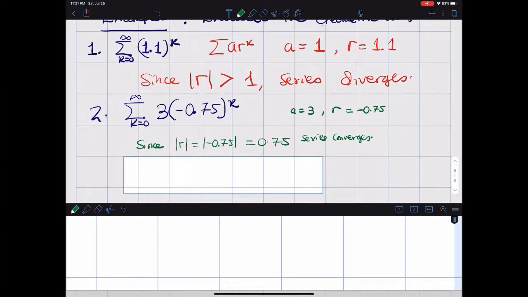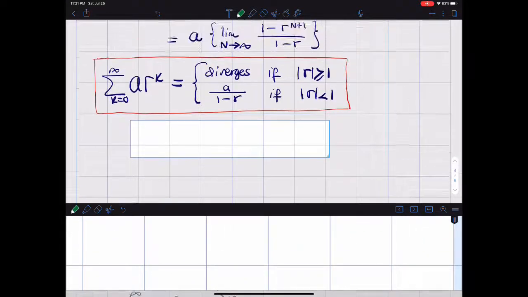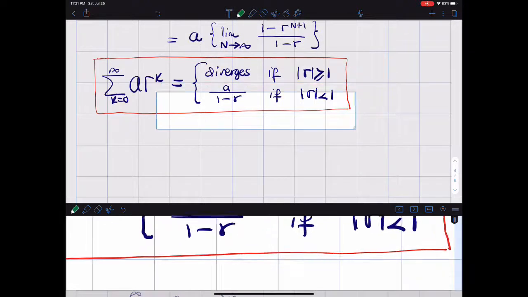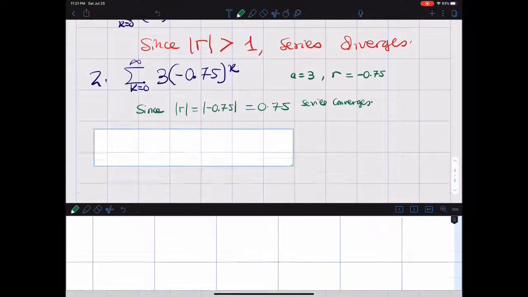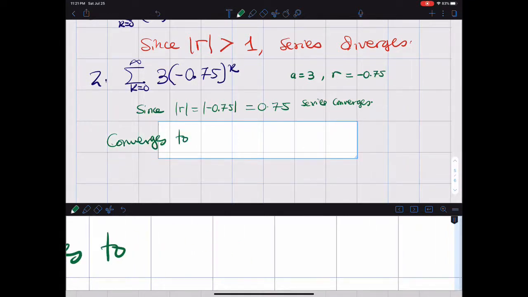Sometimes it's impossible to tell, but in the case of the geometric series, we can tell because we have a formula, a over 1 minus r. So it converges to 3 over 1 minus negative 0.75.